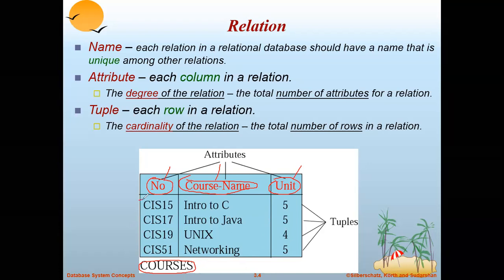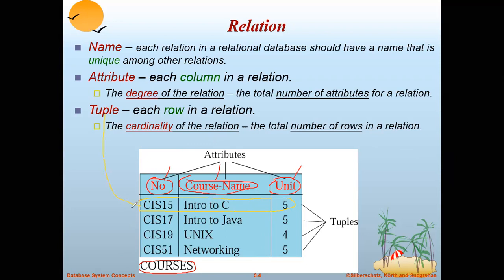Each row of a relation is represented as a tuple. By using the number of rows, we can represent the cardinality of the relation.